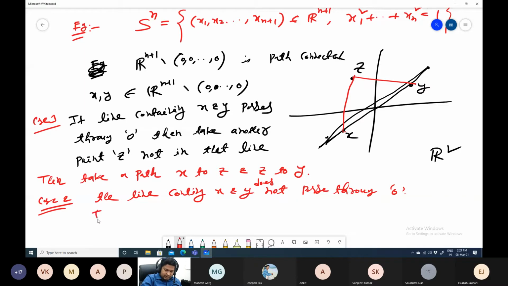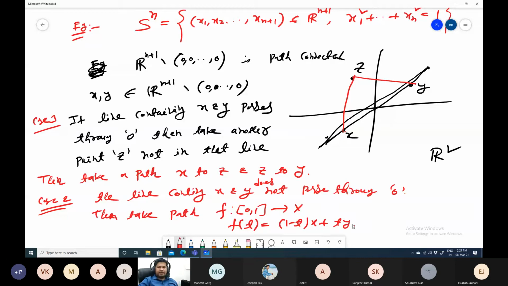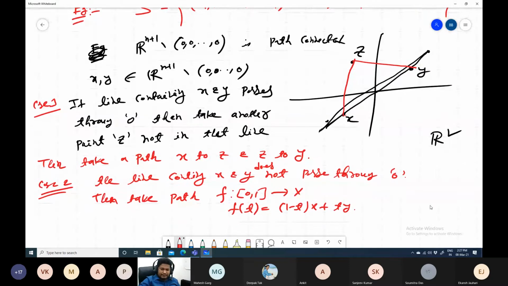Then just take a path f from [0,1] to X such that f(t) = (1 - t)x + ty. This is a path from x to y. So that means R^(n+1) minus 0 is path connected.